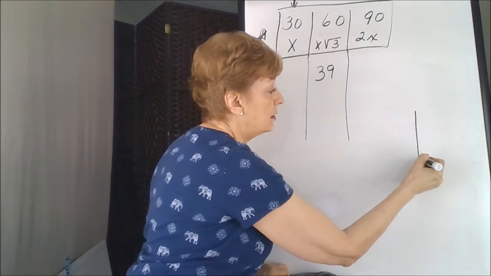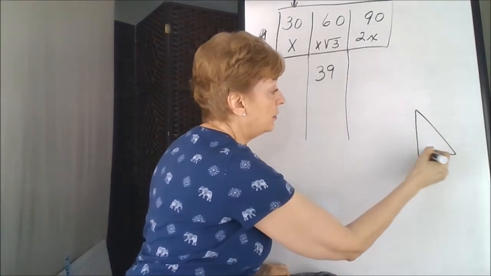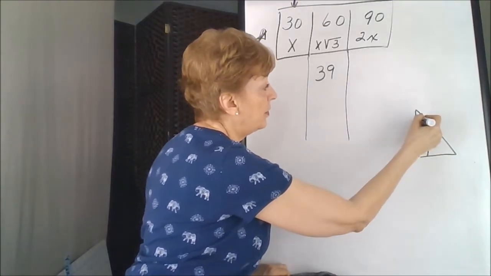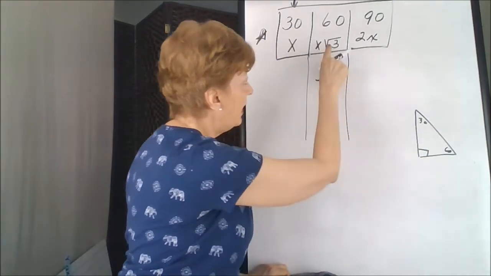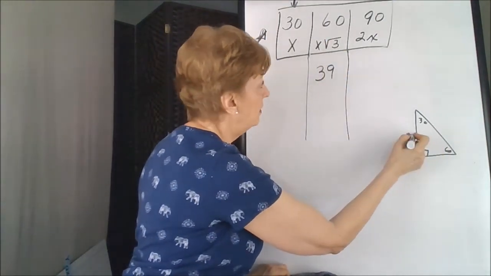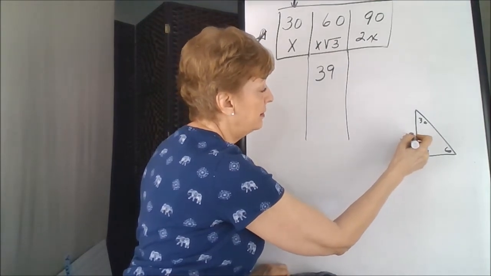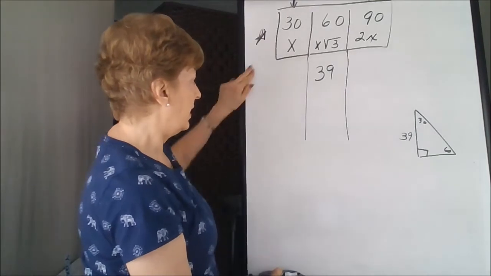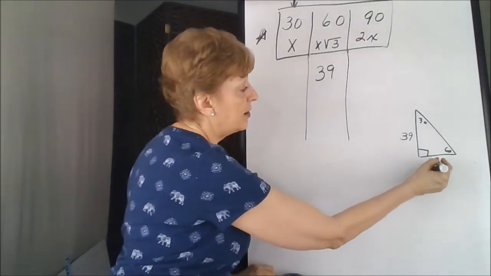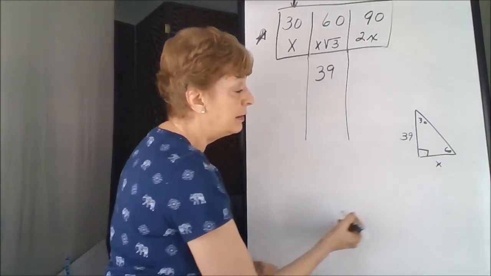So the triangle would look like this with a 30, 60. So what we're saying is the side opposite the 60-degree angle is 39. Okay, in this case, we're trying to get our x term if we can.